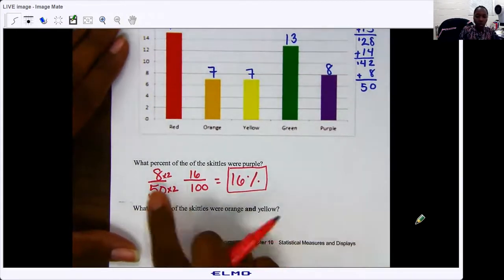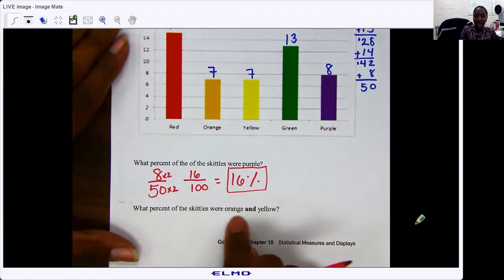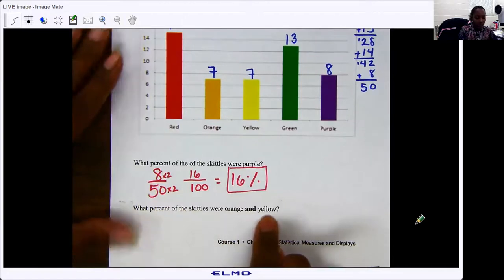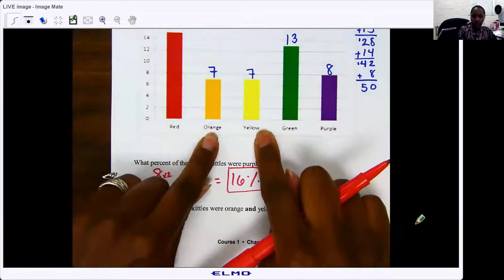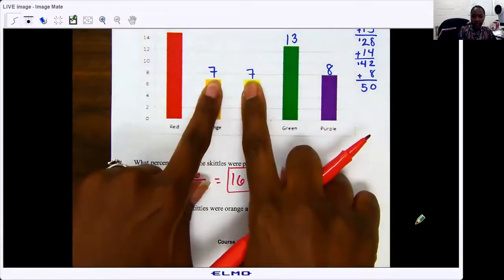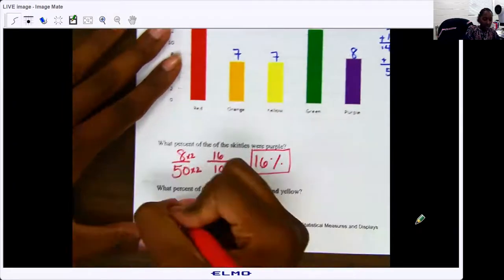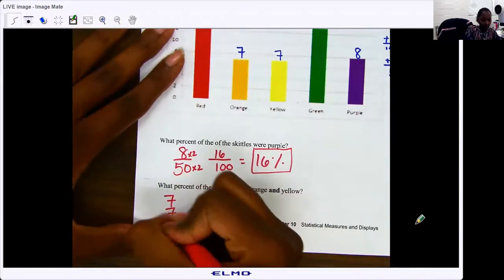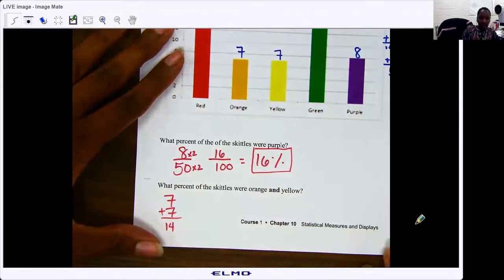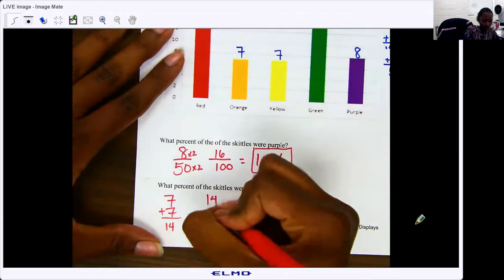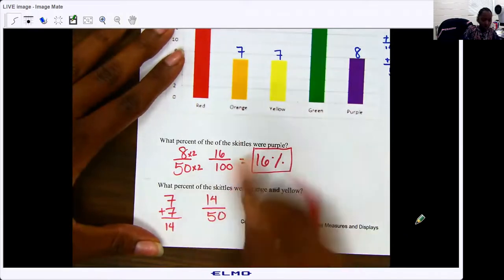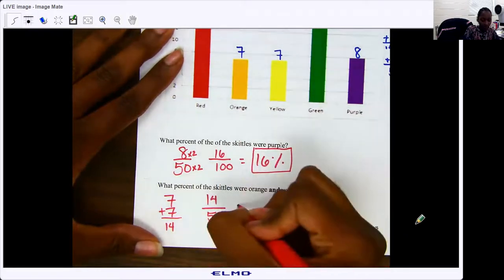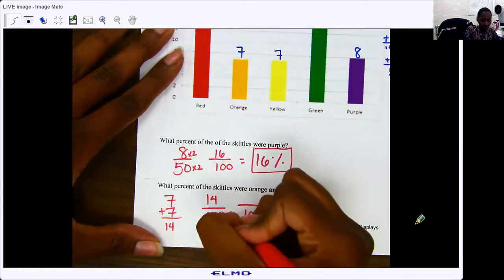It says, what percent of the Skittles were orange and yellow? Here's orange, here's yellow. 7 and 7. So we need to add that together. 14 out of 50. We already know how to make it equivalent to 100, times 2.